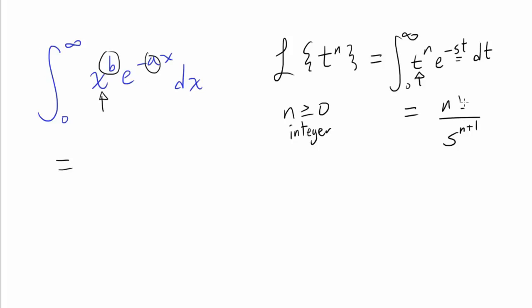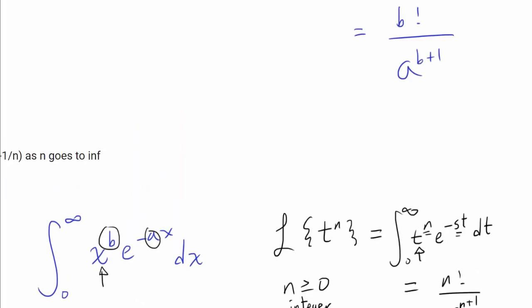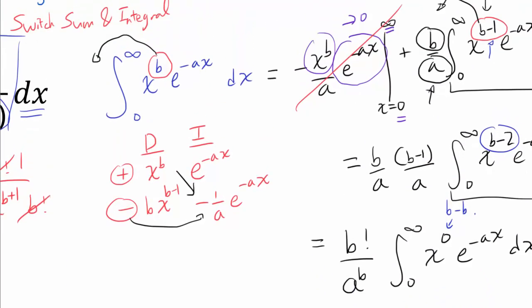So we know our integral has to be b factorial, n is b, over s to the n plus 1 power. In this case, s is a, and our n is b, so b plus 1 power, and we get the same result. And of course, to derive that this Laplace transform is n factorial over s to the n plus 1 power, you can use the same method that we showed.